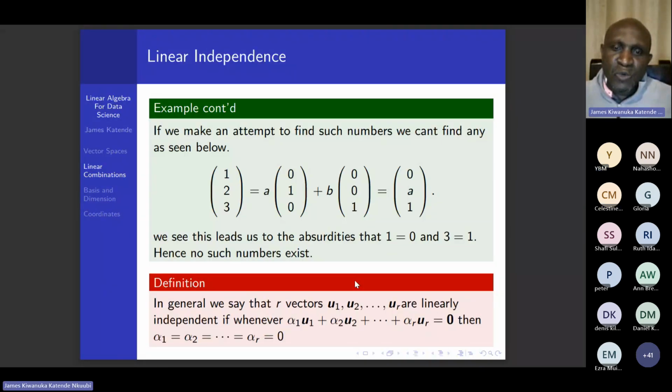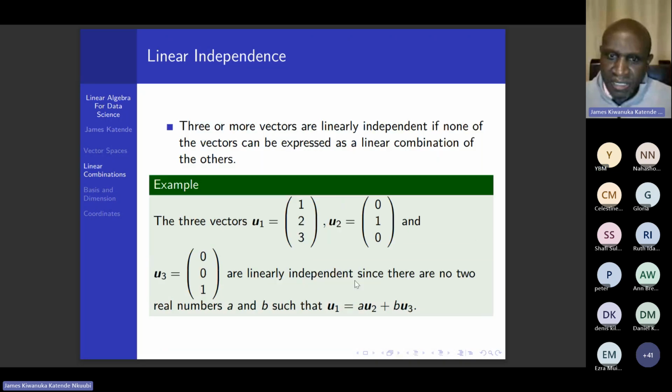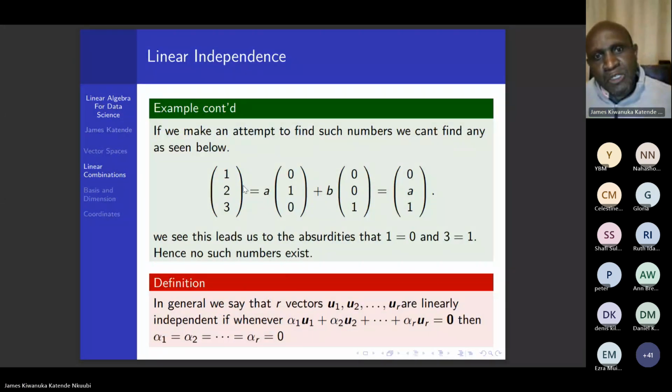An attempt to actually find these values of A and B is here. We try to equate this vector to a linear combination of the other two vectors, 0, 1, 0 and 0, 0, 1.